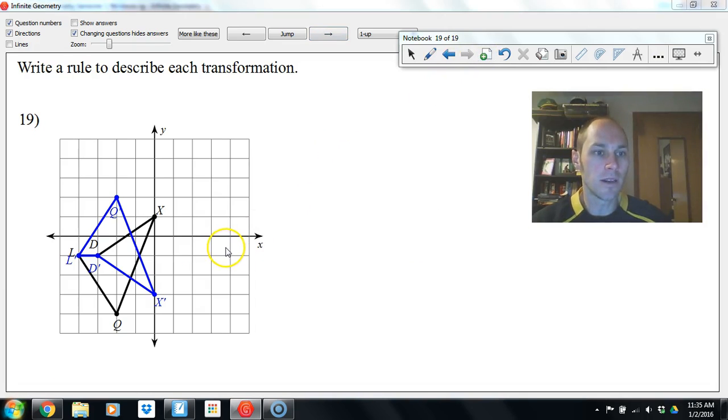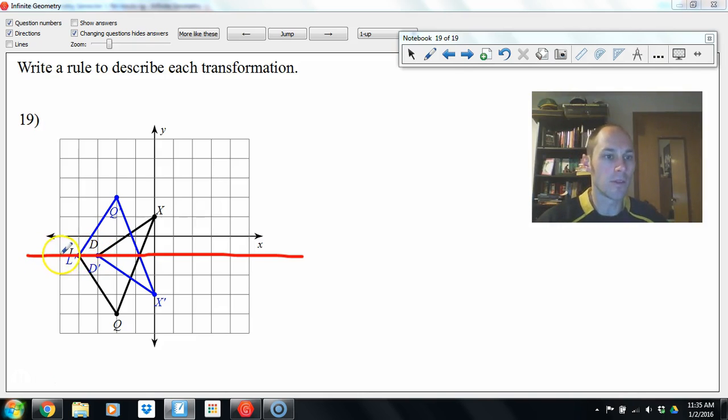All right, this next one, we can see it's not translating since it's a different orientation. We can see that it's not just a rotation, but it's a reflection. And I can kind of see where that reflection line is because halfway between these 2 points, Q and Q prime, D and D prime, and L prime are on the line.